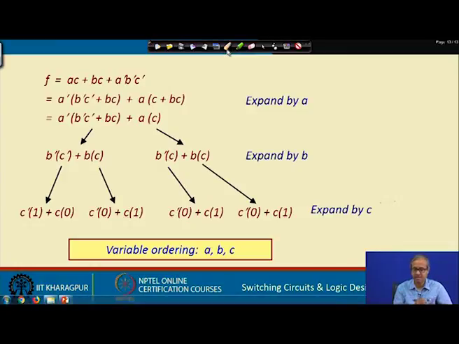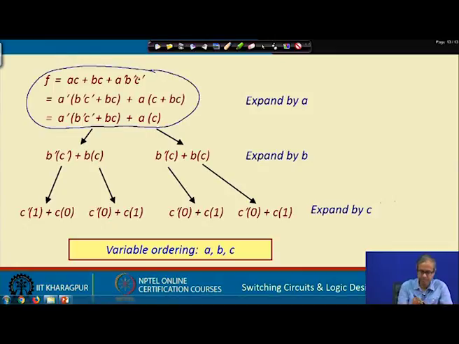Well, here the whole step is shown. The first step we have already seen in the previous slide, where we have expanded the function with respect to variable a, and we have got two sub functions b bar c bar plus b c and only c.